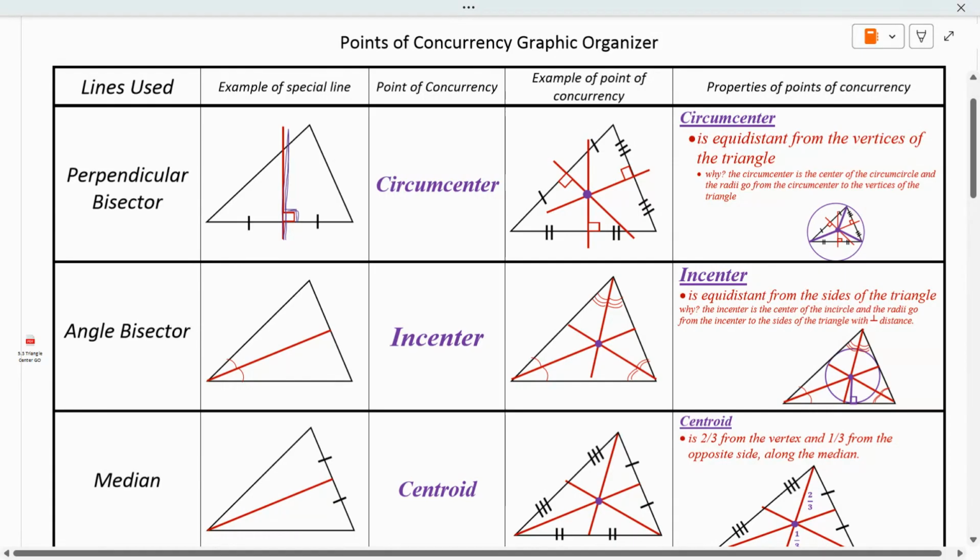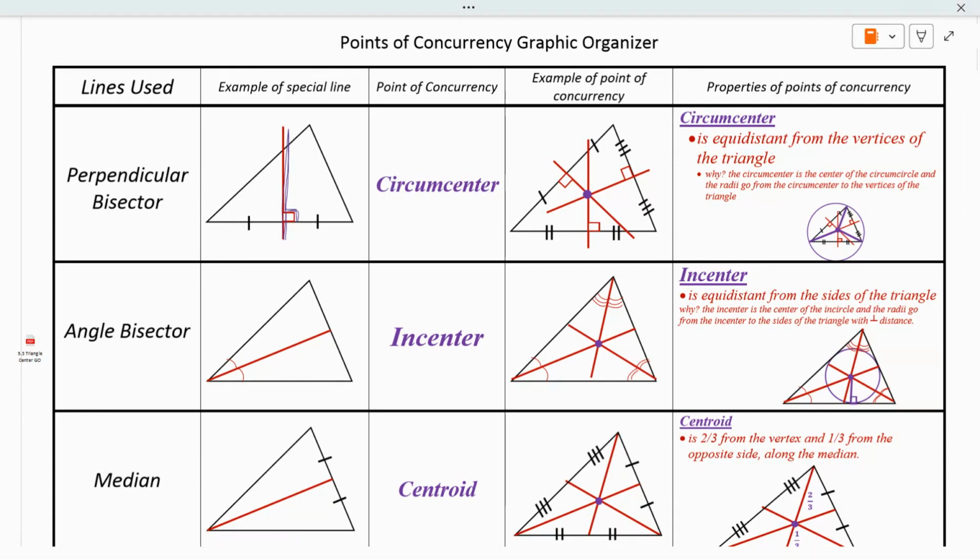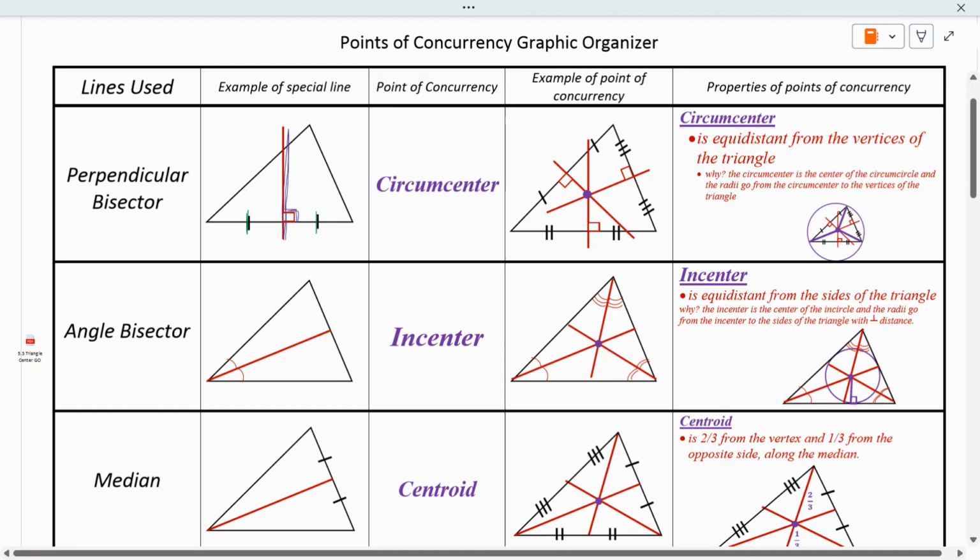But it also bisects that side, meaning that it cuts the side of a triangle into two congruent pieces.